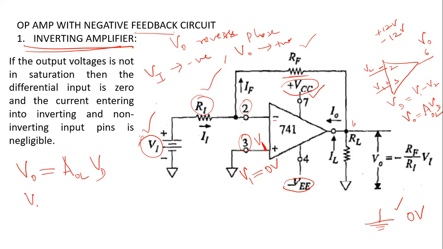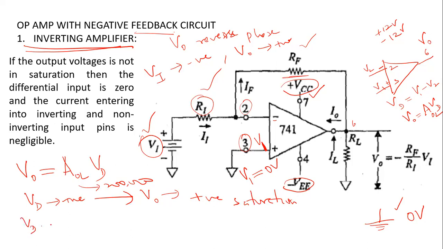So as I said, if VD is positive, you are going to multiply with 200,000, then your output voltage will go to what is called positive saturation. This I have discussed. It cannot exceed your DC power supply of plus 12 volt.